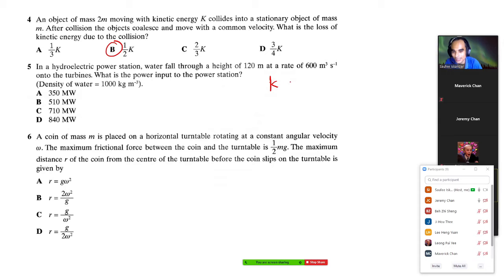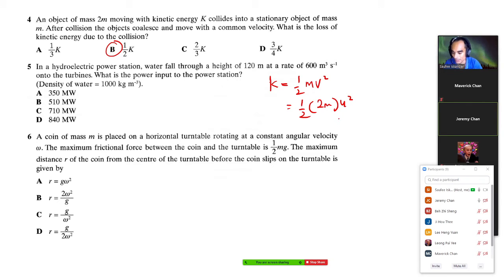So K is half mv squared, right? In the question it is stated as 1 over 2 times 2m times u squared. Correct?